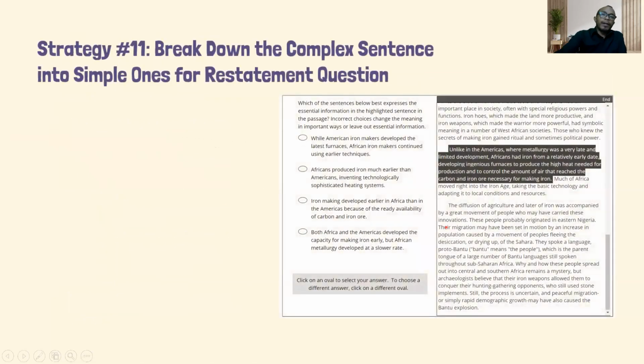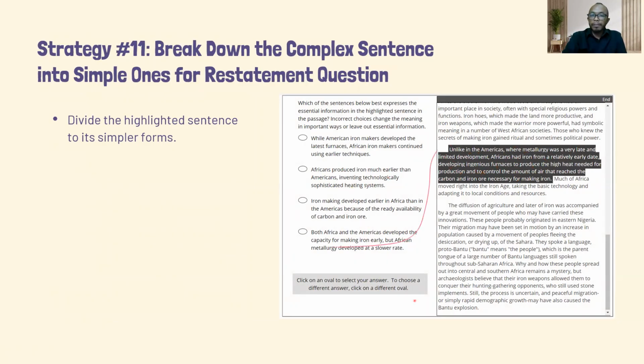Okay. Now, the next strategy: break down the complex sentence into simple ones for restatement questions. So remember, in the restatement question, you need to choose which of the options best restates the idea in the highlighted sentence. Now, to do this, you should divide the highlighted sentence into simpler forms. Here's an example. Imagine I want to divide this sentence into simpler forms to get the key ideas.